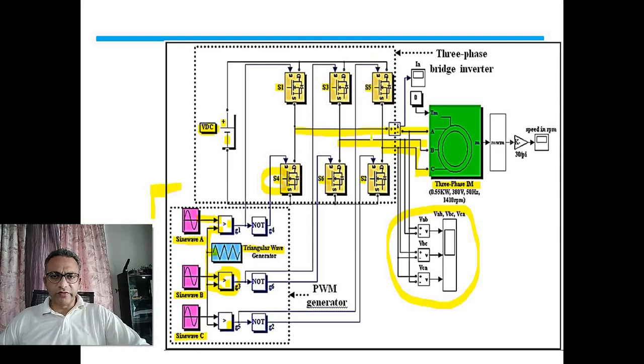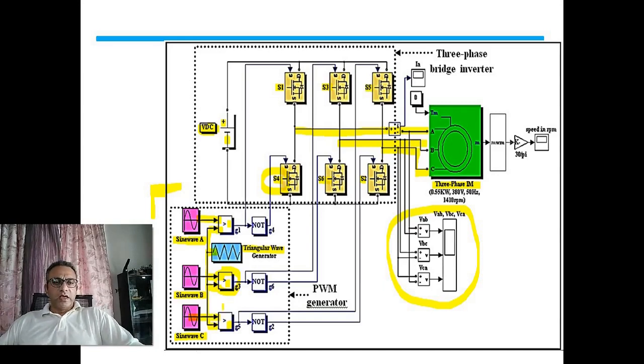Now let us look at phase C. Phase C again has two power switches, S5 and S2. They are being controlled from the third comparator. The third comparator again has two inputs. One is sine wave C and the second input comes from the same carrier, triangular waveform.